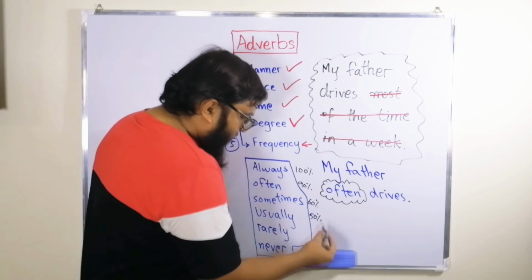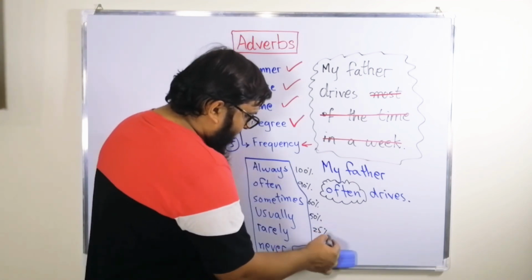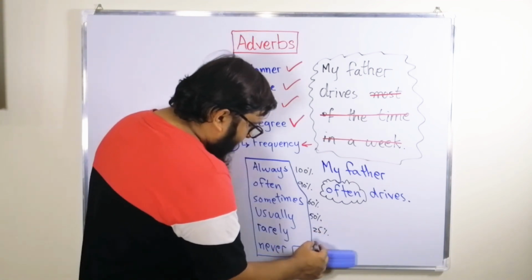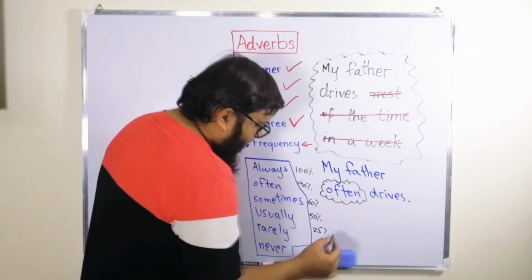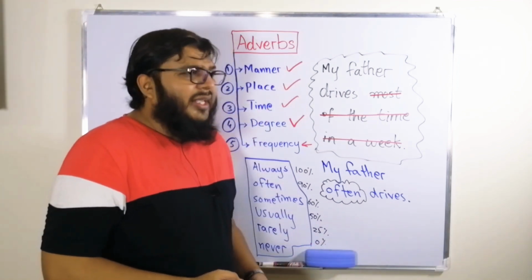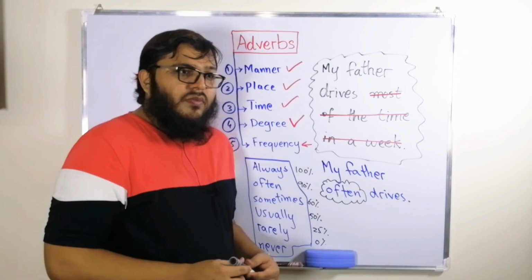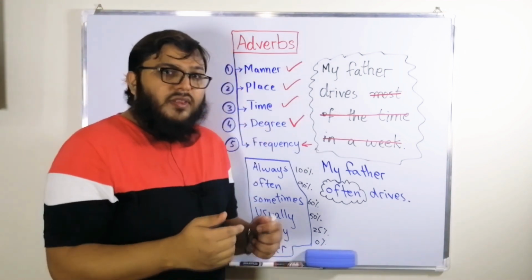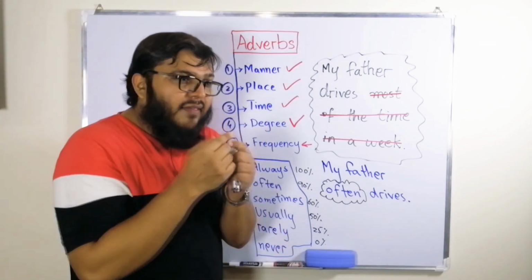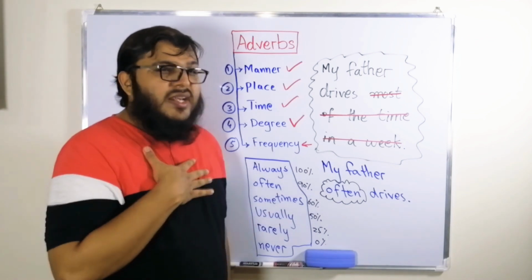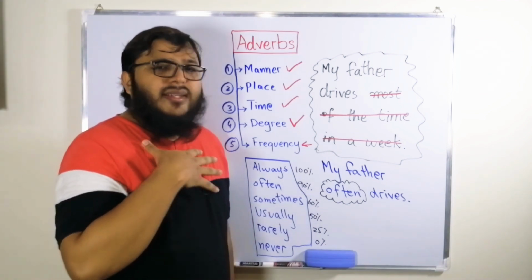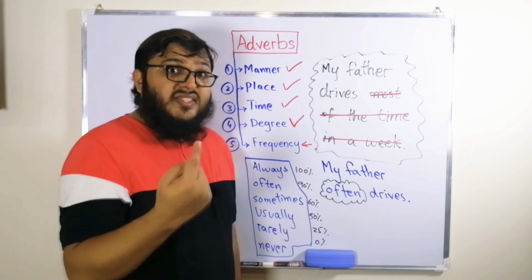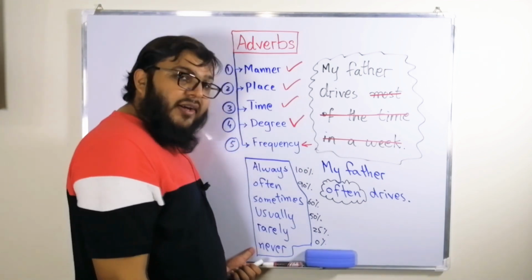Rarely can be lower than that, maybe 25% or maybe 5%. And never is 0%. I never watch football. That means in a month, not a single day does that action happen. I never watch TV. I never drive a car. Not a single day. So you use never.